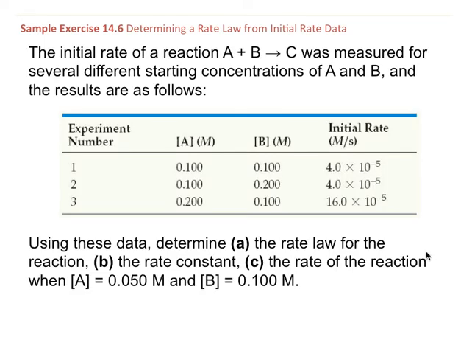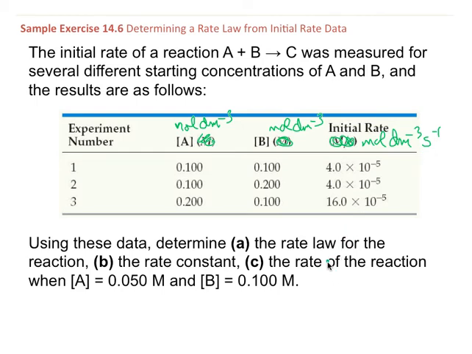Okay, so looking at experimental data and changing our units to SI units, concentration of A in moles, decimeters -3, and then the initial rate will be moles, decimeters -3, seconds -1.